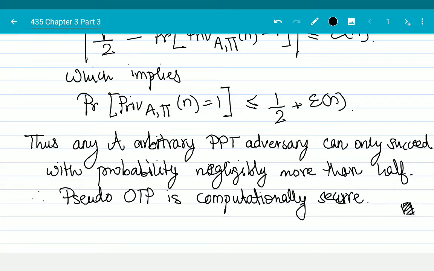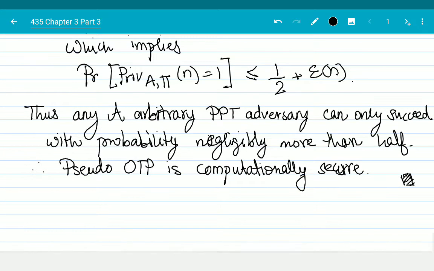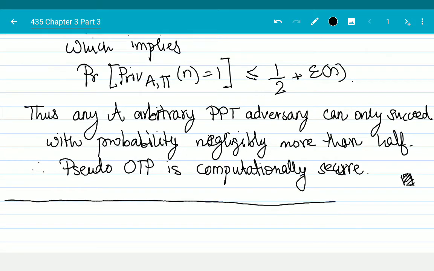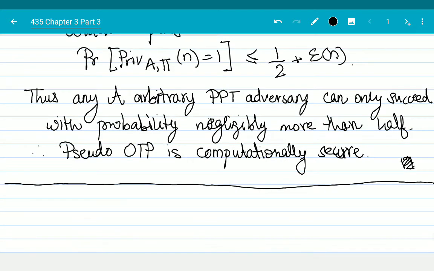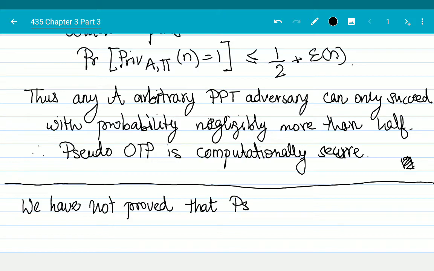Okay. So we showed that this is computationally secure, and this is great, but still there are some caveats. There are some points that need to be mentioned. We have not proved that pseudo OTP is secure unconditionally. Pseudo OTP is computationally secure.